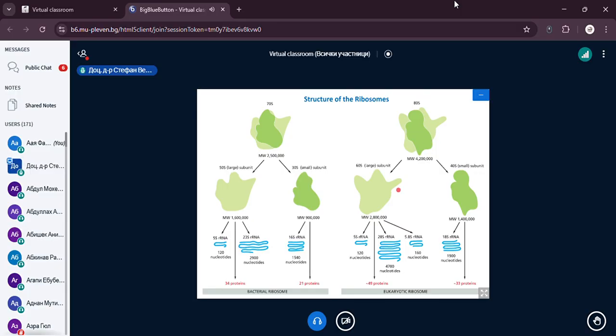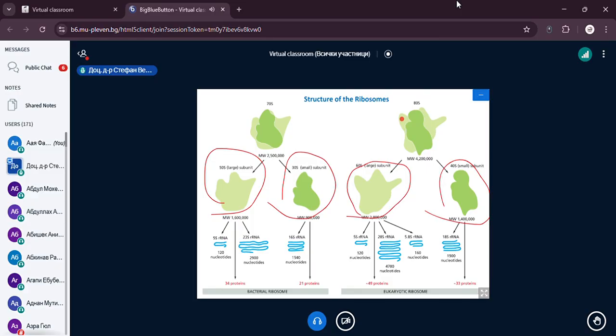Each ribosome consists of two subunits, one which is called a large subunit and the other which is called a small subunit. These subunits exist separate in the cytoplasm and they assemble to form a real ribosome only during the process of translation.